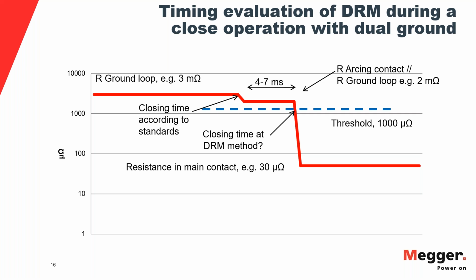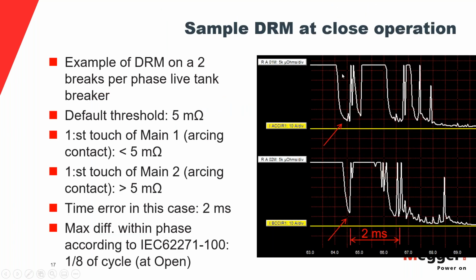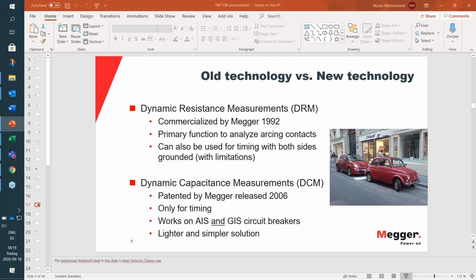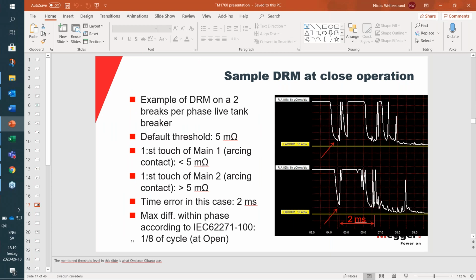And as we all know, the timing variations have quite tight tolerances in the specification, the maximum difference between phases. So you eat up a lot of this tolerance, so to speak, with this inaccurate measurement, and that is of course not good. So I hope that explains a bit why the DCM is better and the differences between the methods.